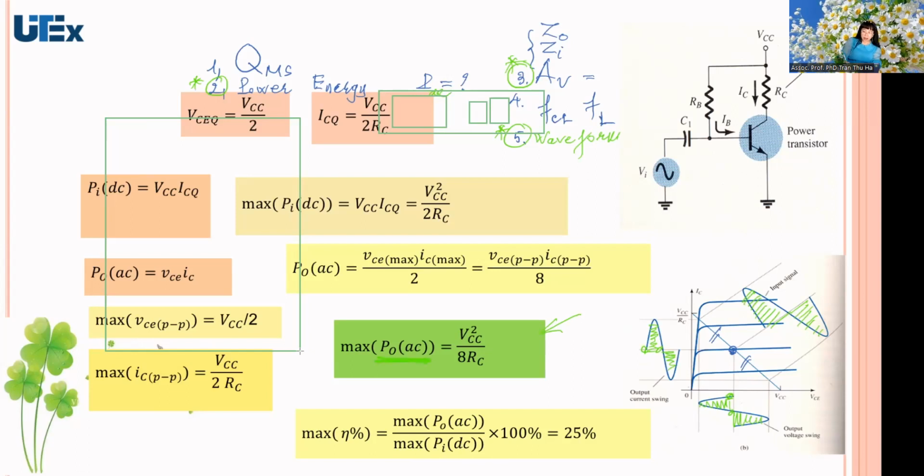And if determine PDC input, you can hear the input max. Please write down for your textbook. This is very important for you. And this is, of course, one question you cannot.